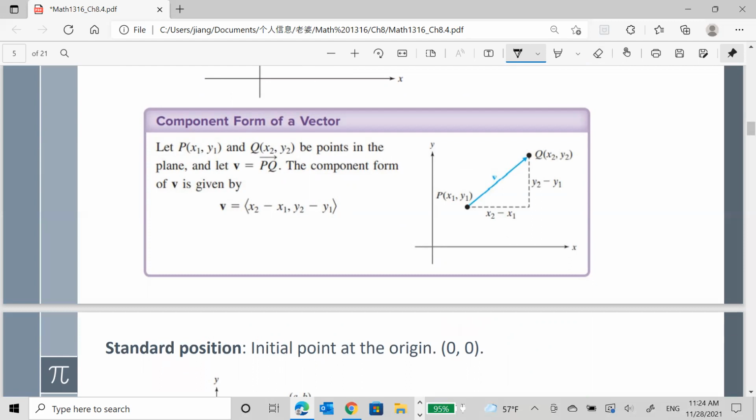The component form of V is given by, okay, if I know two points, I can find the component form of the vector V by using x2 minus x1, that's the A part, and y2 minus y1, that's the B part. So that's the length from here to here, and this is the length from here to here. So let's see some examples.